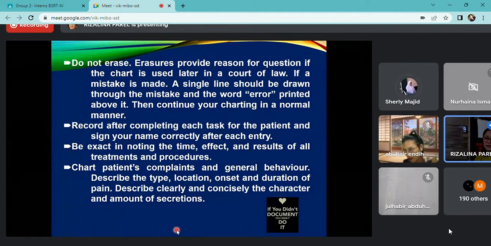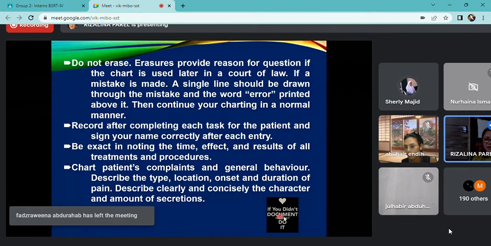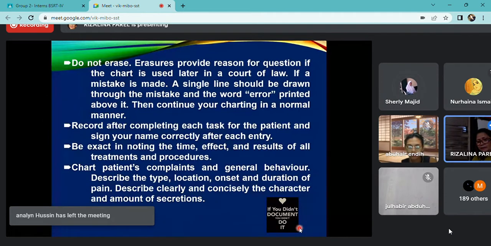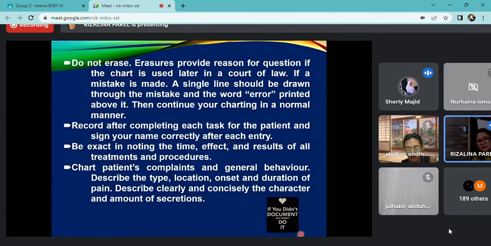Okay? So nakalagay dito sa baba, if you didn't document, you did not do it. If you didn't document, ibig sabihin, good as no management, no treatment done nung time na yon. Kahit na pag ginawa mo pa, tapos chinarge mo pa yung patient, pero hindi ka nakapag-charting na done yon, that is considered as not done.